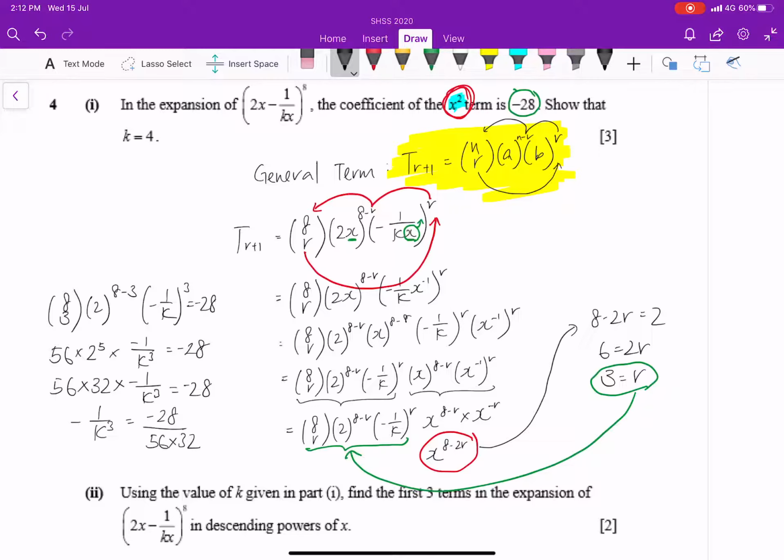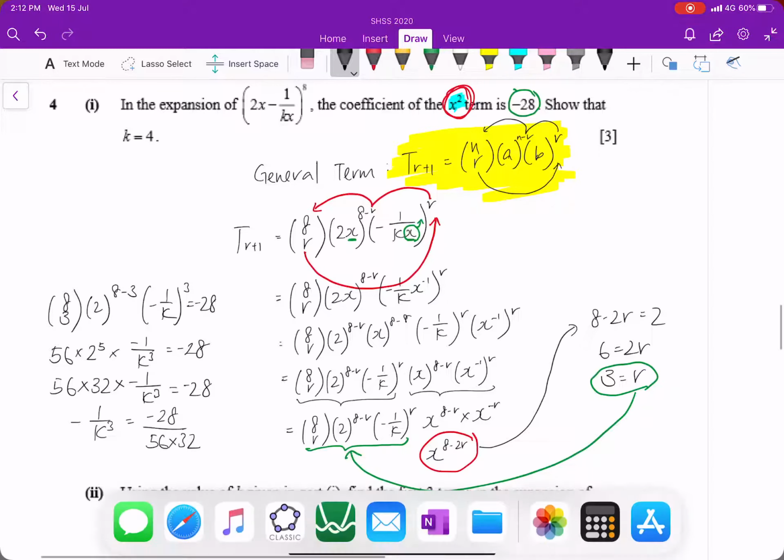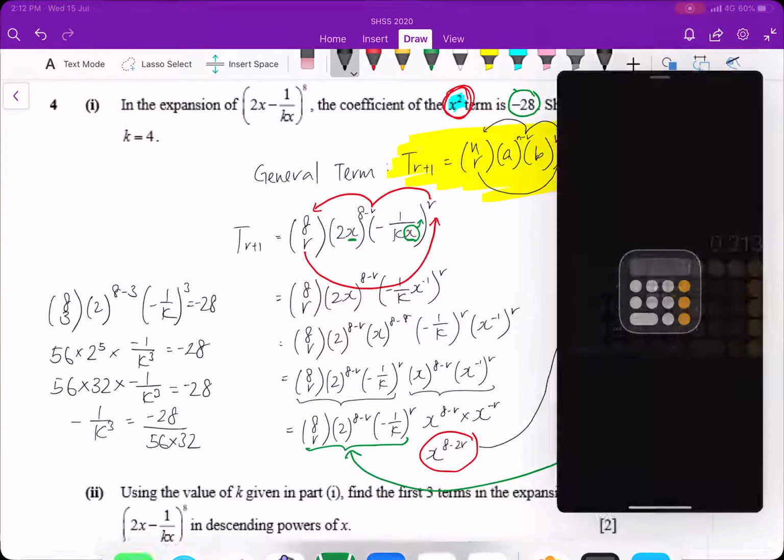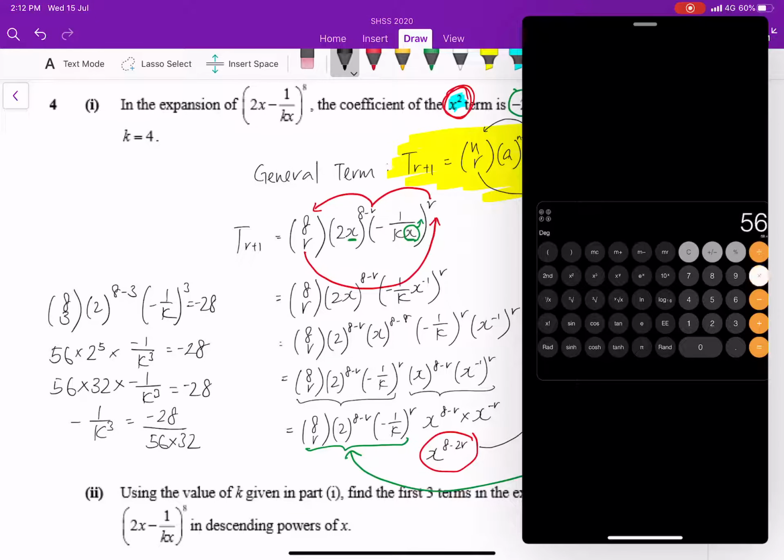Okay, so I'm going to calculate what is 56 times 32. 56 times 32 is 1792. So I get negative 1 over k cubed is equal to 0.015625.